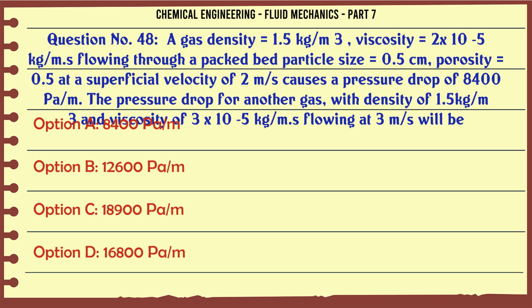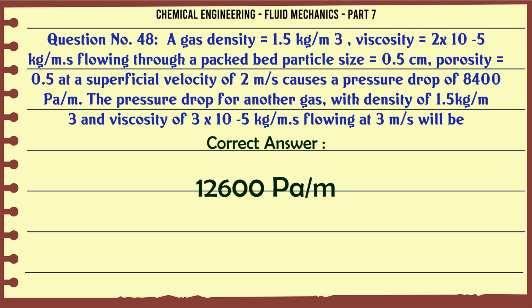The pressure drop for another gas with density of 1.5 kg/m3 and viscosity of 3x10^-5 kg/m·s flowing at 3 m/s will be A. 8,400 Pa/m, B. 12,600 Pa/m, C. 18,900 Pa/m, D. 16,800 Pa/m. The correct answer is 12,600 Pa/m.